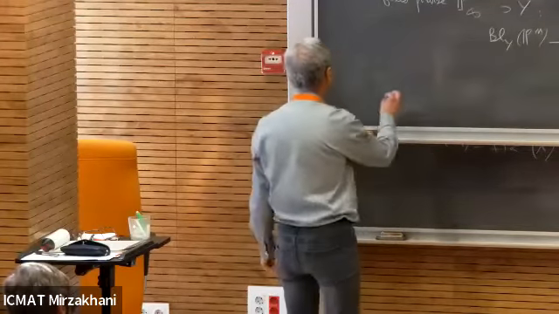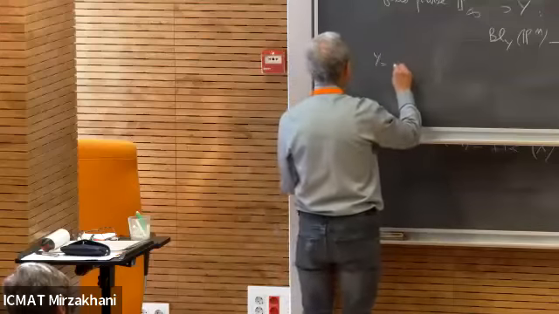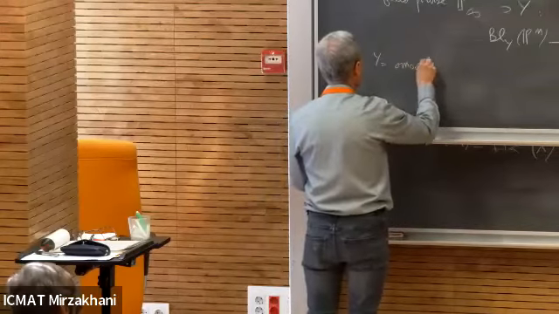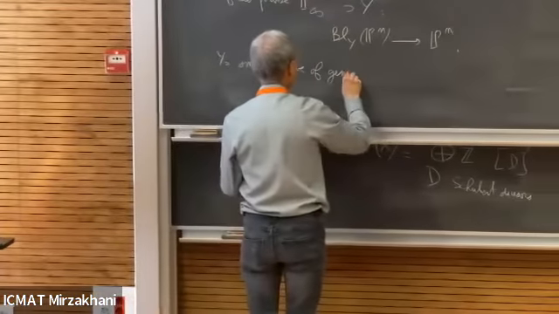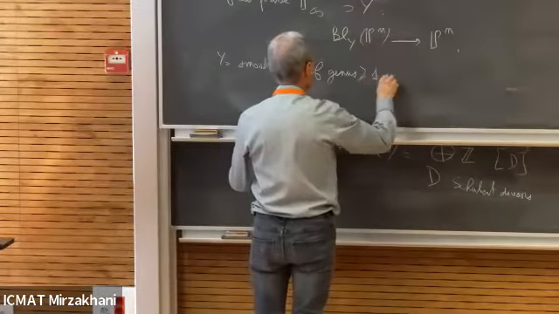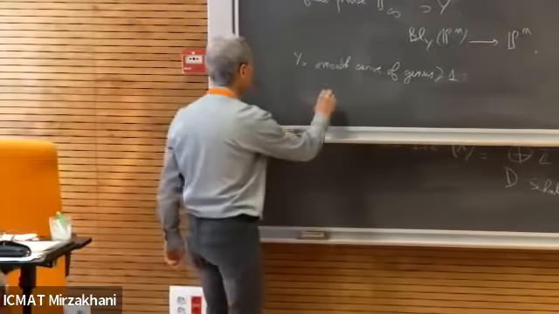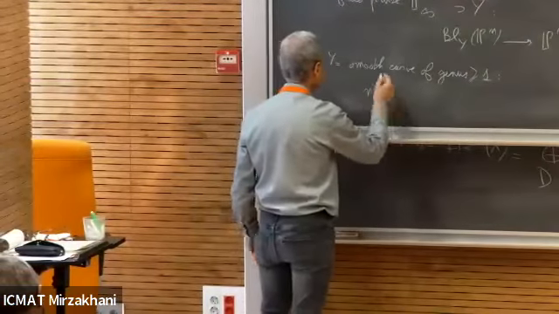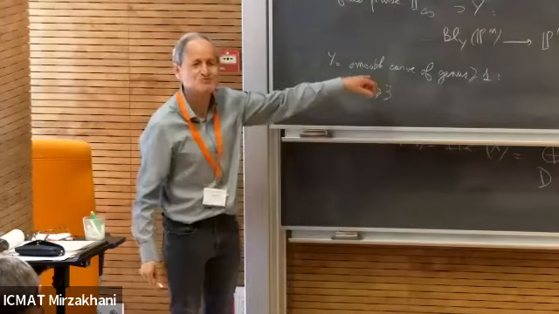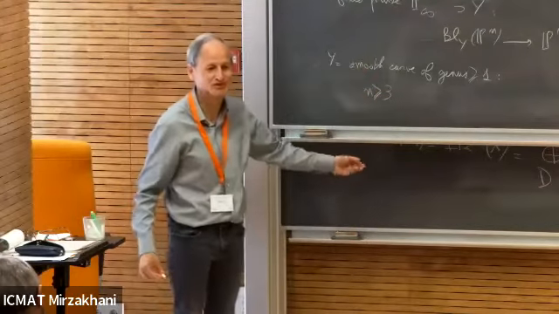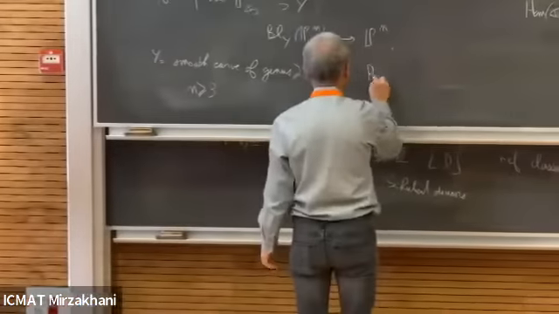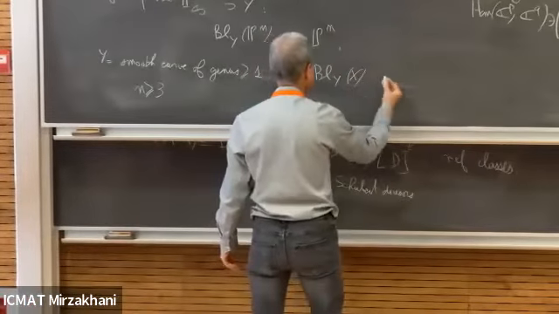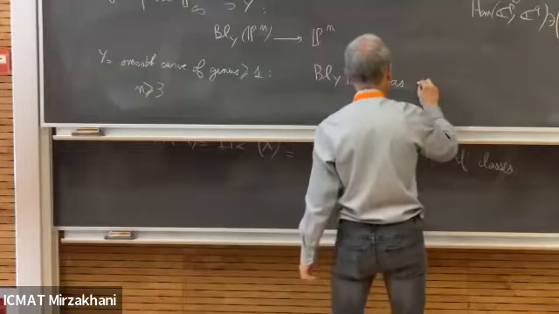For example, you take Y to be a smooth curve of genus bigger than 1, and n bigger than 3, so that you can put it in P2. You put someone like this in P2 and blow it up. Then what you get is that this has no cellular decomposition.